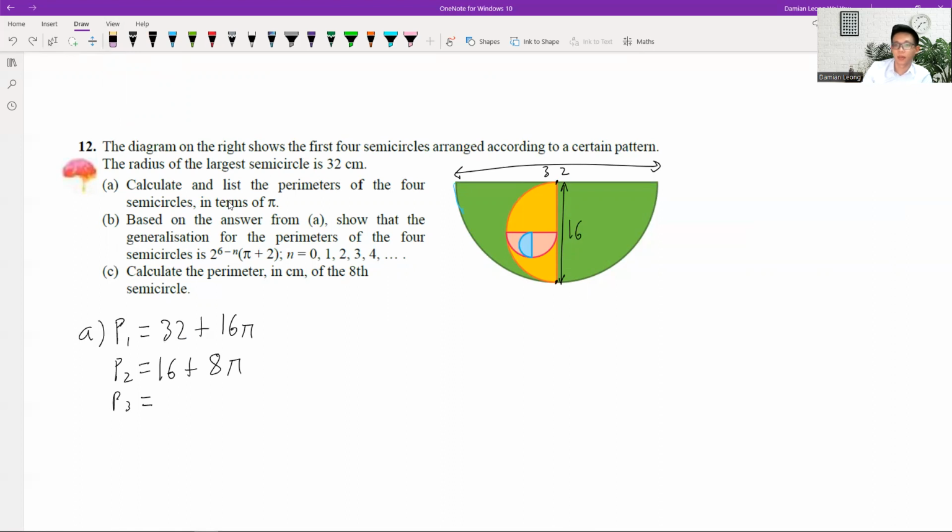It's easier for you to see also. Half of it again, 8, then again half, 4 pi. Fourth perimeter, 4 plus 2 pi.